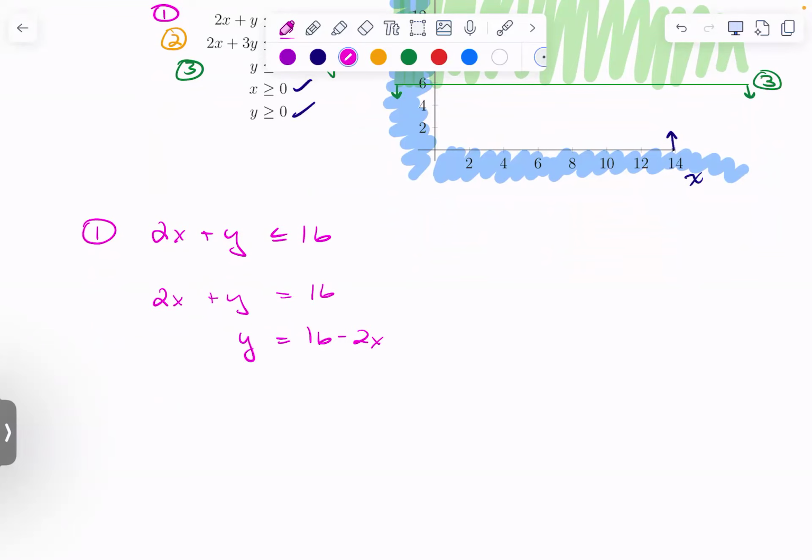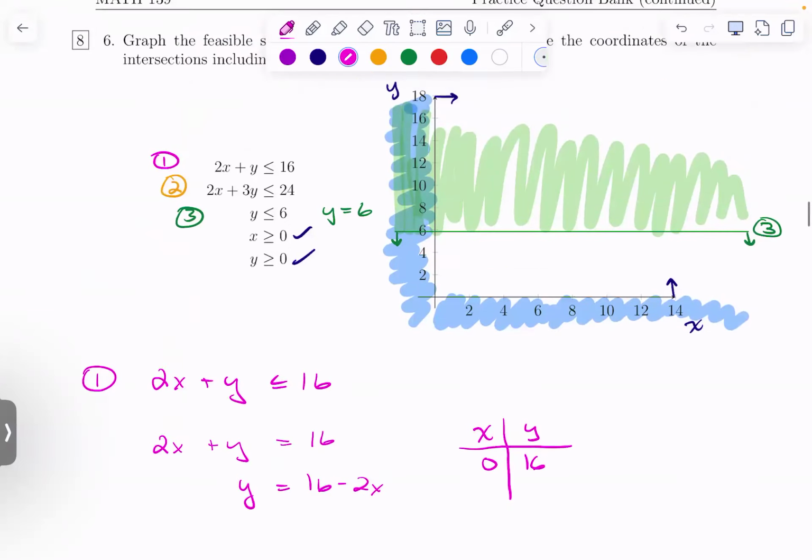As long as you plug in one of the values of x or y, you can choose y if you want. But for me, my go-to is plugging in x equals 0 and figuring out what y is. So here, when x is 0, y is 16. So I can draw a point there.